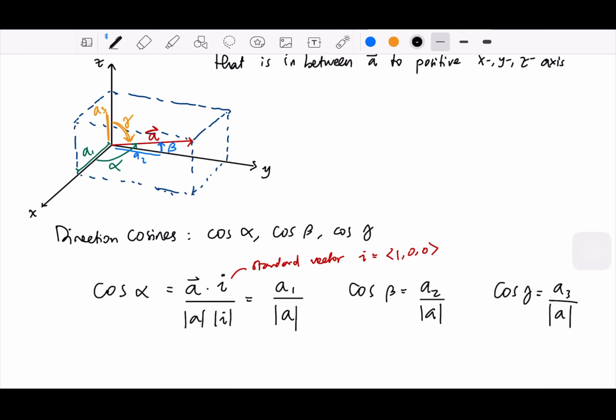The idea is still the same: using the dot product, we can apply it to take in the definitions of the direction angles and direction cosines.